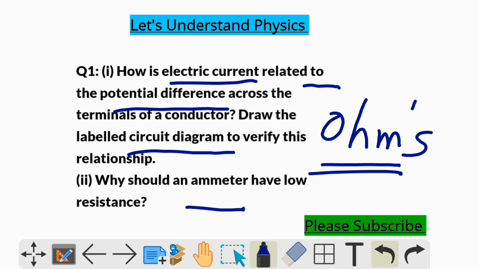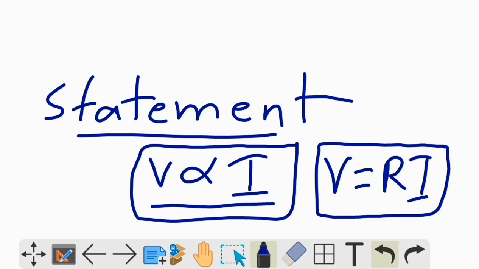But while writing the statement of Ohm's law, you must mention along with this relationship the physical conditions, such as temperature must be constant. That is very important. That can be asked for one mark also. They will ask you, when is Ohm's law true?